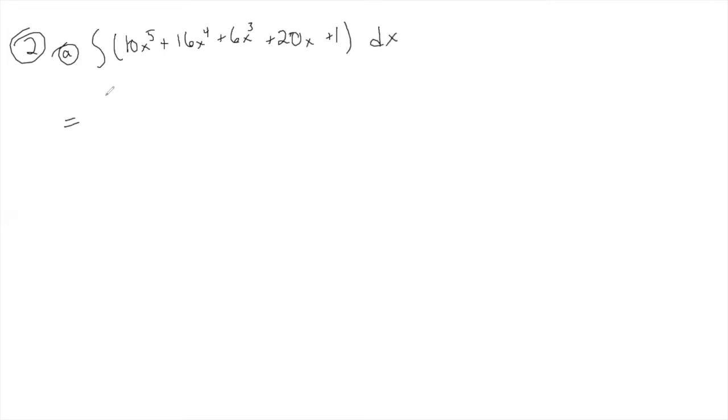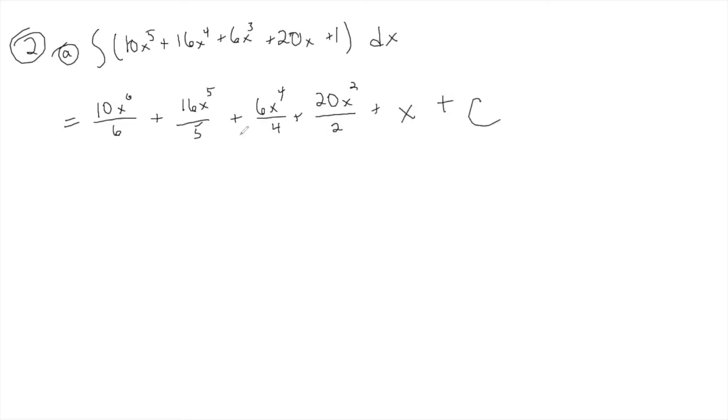Again, I'll do it all as one. So I get 10x to the 6th divided by 6, because I just raise the power and divide by that new power. Same thing here, 16x to the 5th over 5 plus 6x to the 4th over 4 plus 20x squared over 2 plus x. And then, of course, plus c, because we're doing indefinite integrals here.